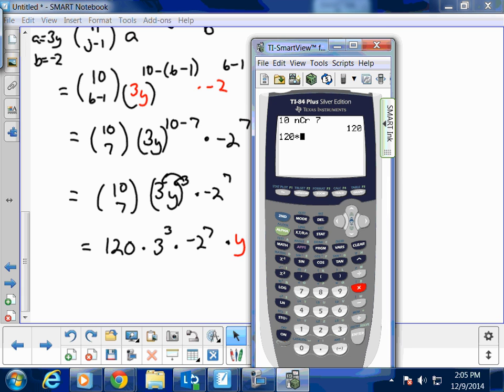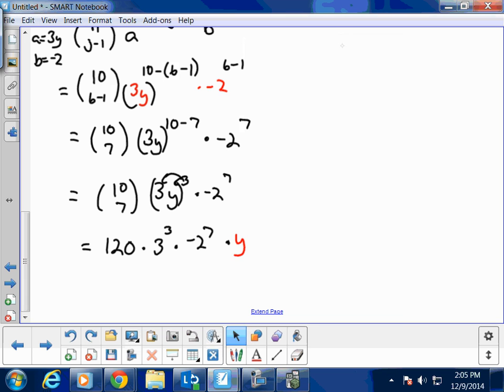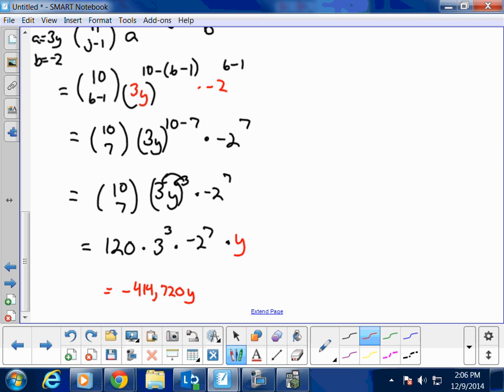Okay, good. 3 raised to the 3rd power times, oh, hold on a second. Times negative 2 raised to the power of 7th. So it comes out being negative 414,720y. So the answer on this finally is negative 414,720y. And that's the term, that is what it is for the 6th term.